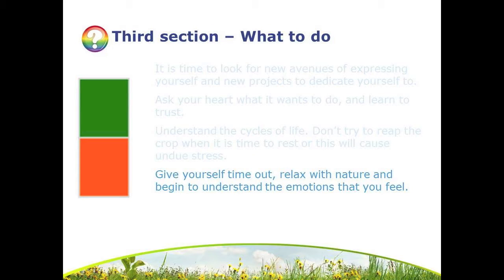Relax and begin to understand the emotions that you feel. Taking time out and partaking in relaxing activities allows the mind to sort through information and bring to the front of our thinking some thoughts we may never have allowed to surface. It also enables us to look clearly at what we could have done differently, and maybe adjust our behaviour and thinking in the future.